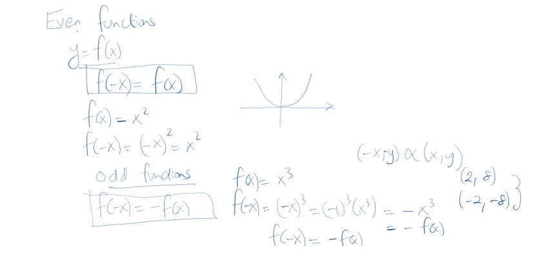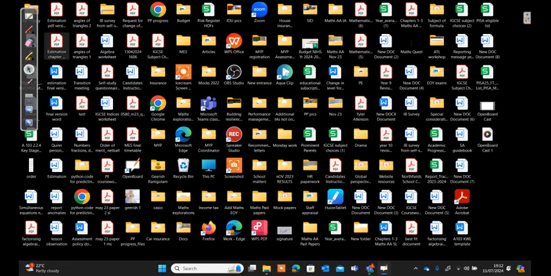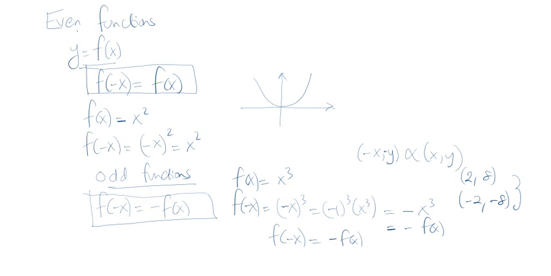Both these points lie on the cubic function y is equal to x cubed. The cubic function looks something like this. So (2, 8) and (-2, -8) both would lie on the same graph.